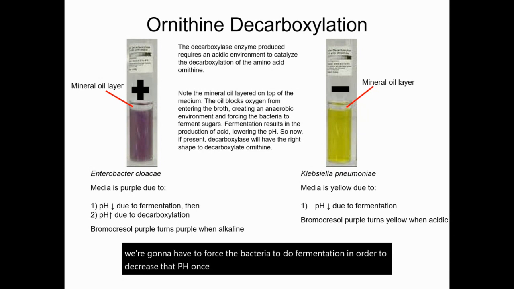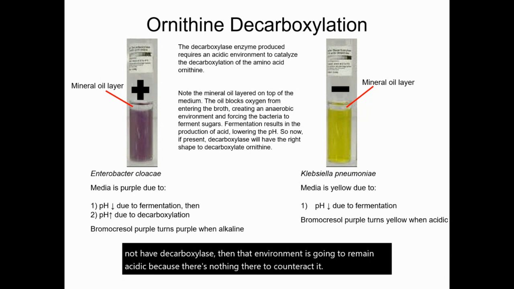Once that pH has decreased, if the enzyme decarboxylase is present, it will be able to do its job and remove those carboxyl groups from ornithine. If that happens, then the pH is going to increase again because those carboxyl groups will be gone. However, if we force the bacteria to do fermentation in order to decrease the pH to allow decarboxylase to work, if the organism does not have decarboxylase, then that environment is going to remain acidic because there's nothing there to counteract it.